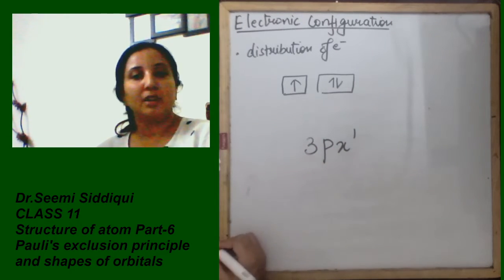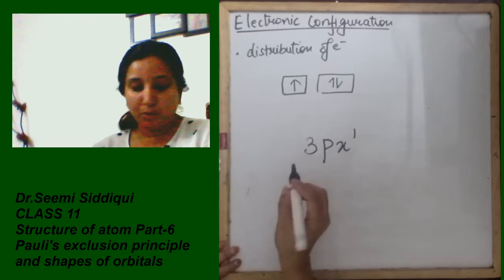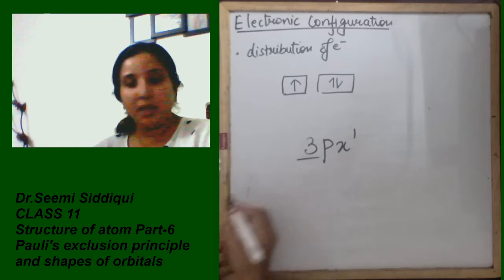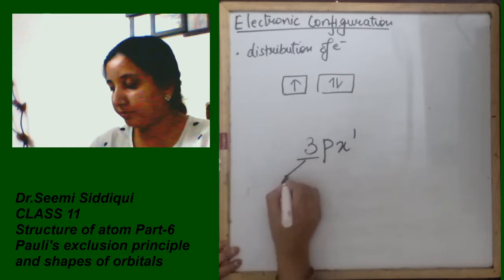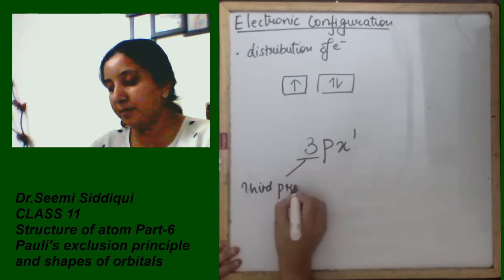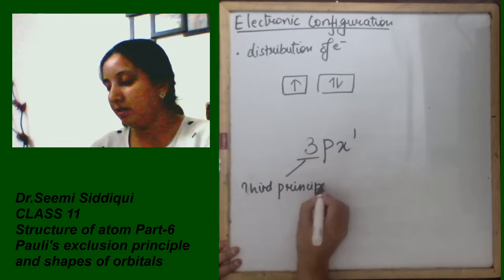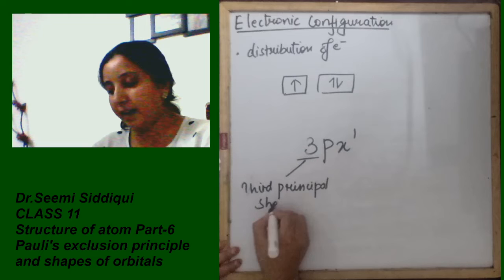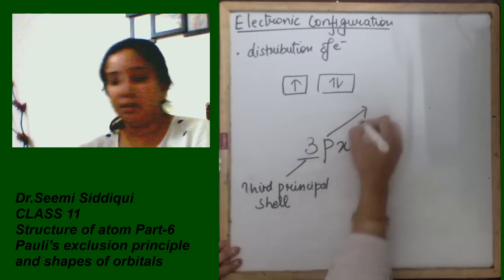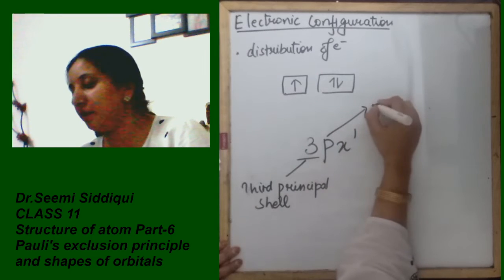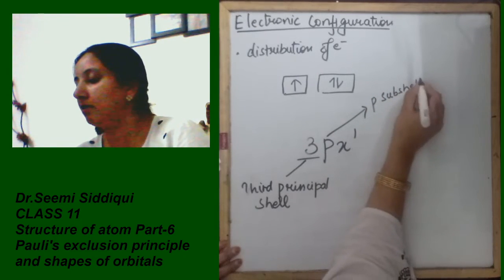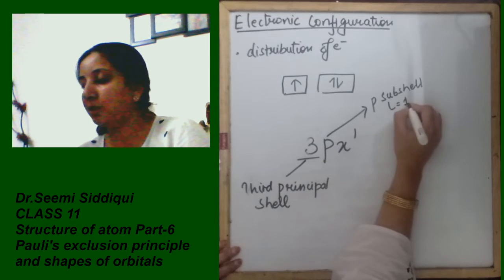Suppose we write 3px1. Here, 3 means the third principal shell, which you call n. P is the p subshell, which means l equals 1.